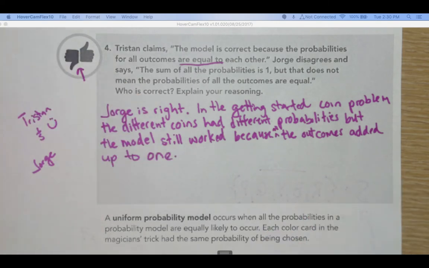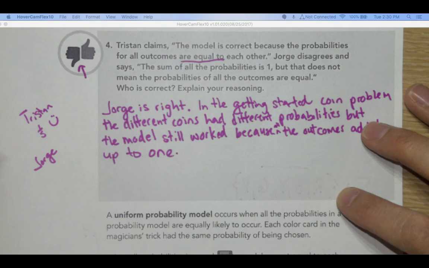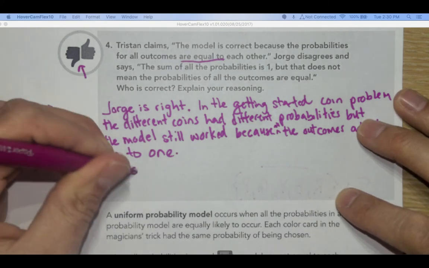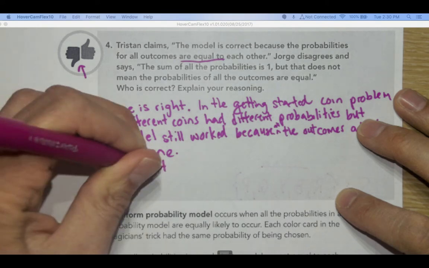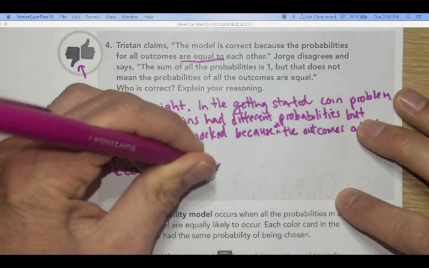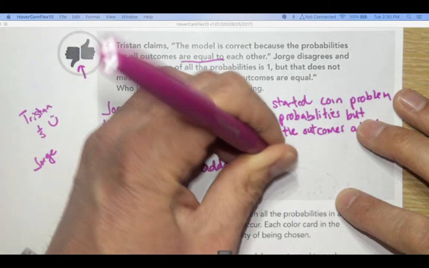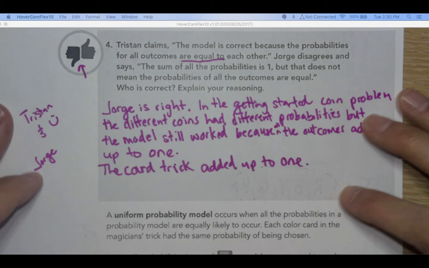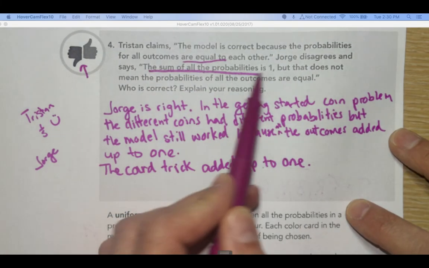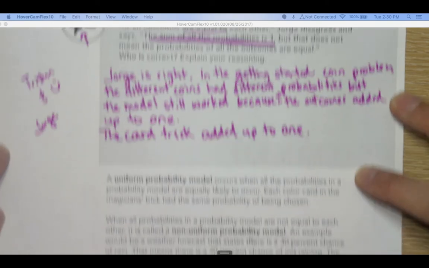Okay. And the card trick also added up to 1, even though those were the same. Okay. And so the key thing is that the sum of the probabilities is 1. Okay. Probabilities don't have to be equal.